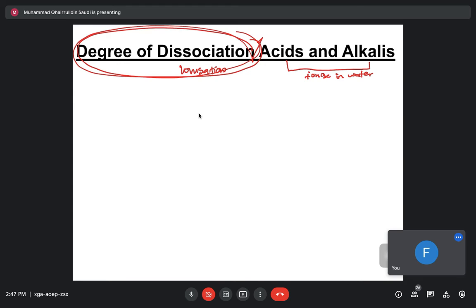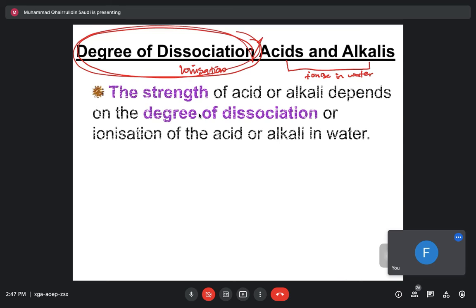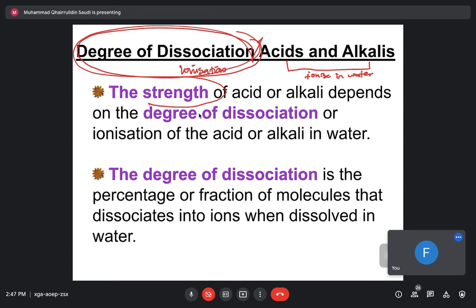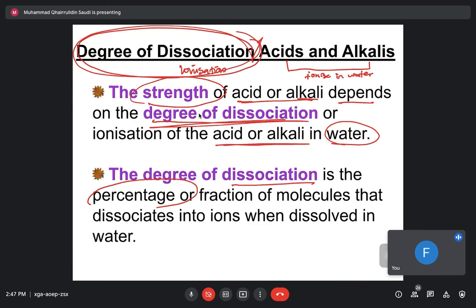Tahap dia ionize. Okay. So, the strength, kekuatan acid or alkali depends on the degree of ionization of acid or alkali dalam water tersebut. The degree of ionization is the percentage ataupun fractions of molecules that dissociates into ions when dissolved in water.